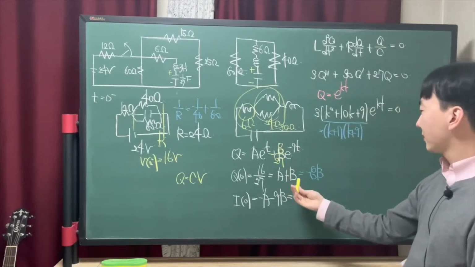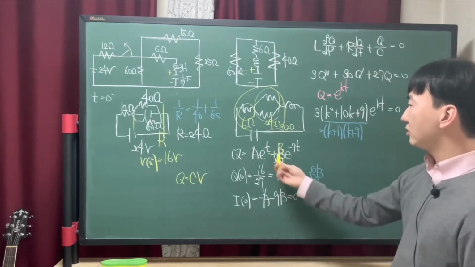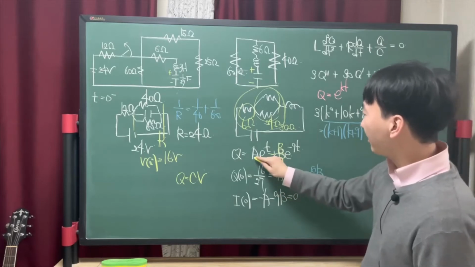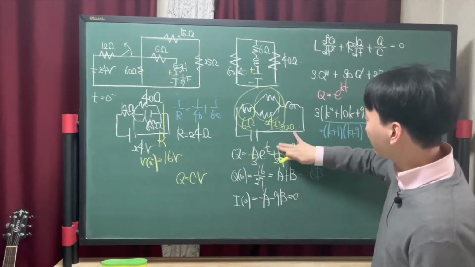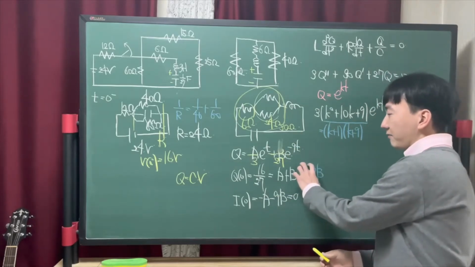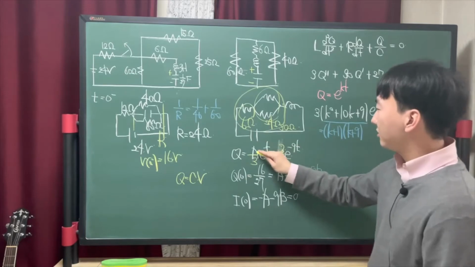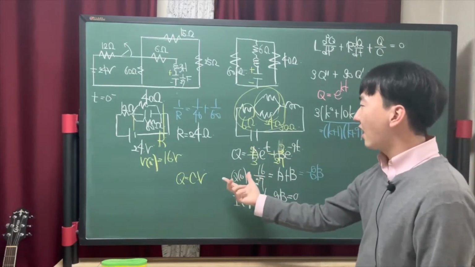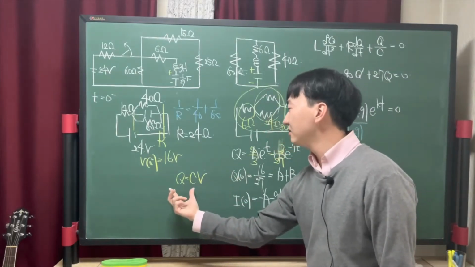Because a is minus 9b, we are getting this b, not q.